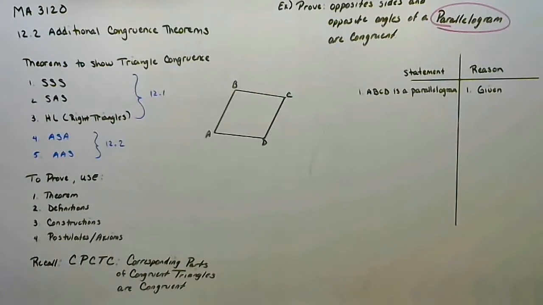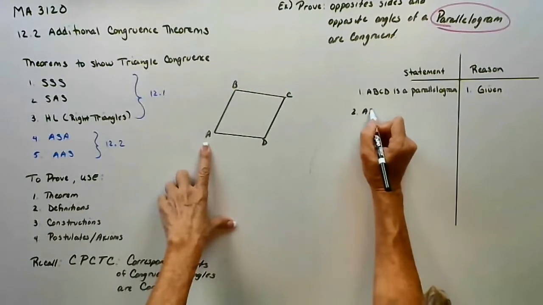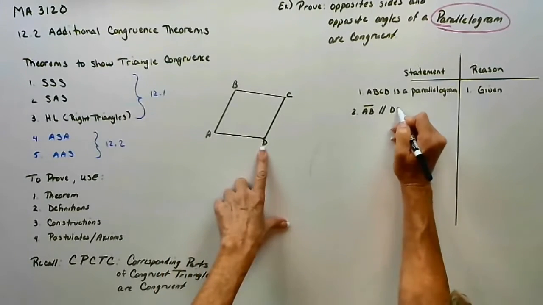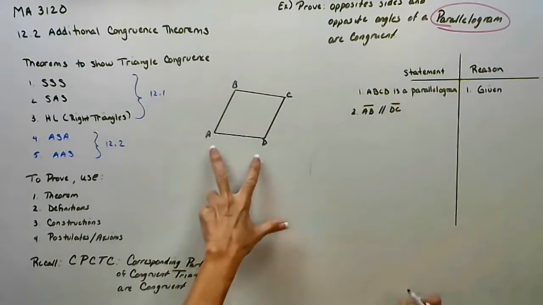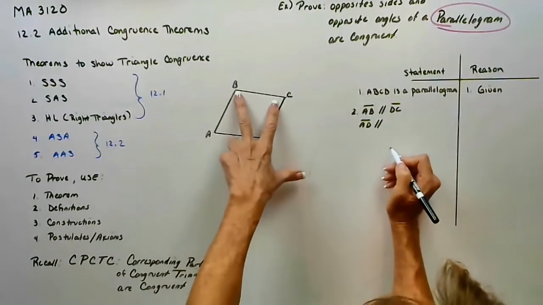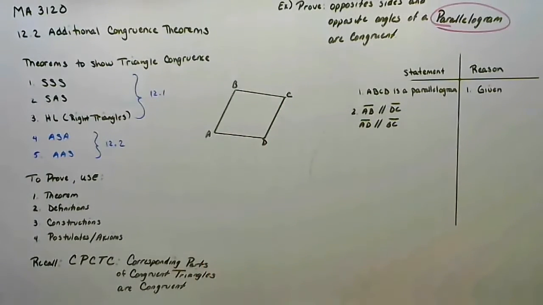Now, because it's a parallelogram, and when we looked at parallelograms last chapter, we know that the sides are parallel. So I can say step 2, side AB is parallel to side DC. And I can also say that side AD is parallel to side BC. Now the reason I know that to be true is we know this is a parallelogram.